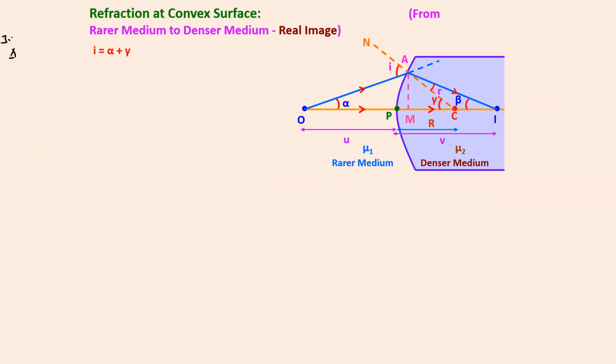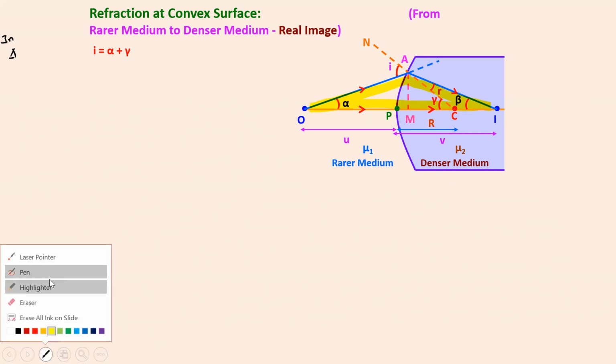In which triangle will you be able to see this? If you check the triangle, I'll just highlight it and show you. First of all, we are going to take, a second.